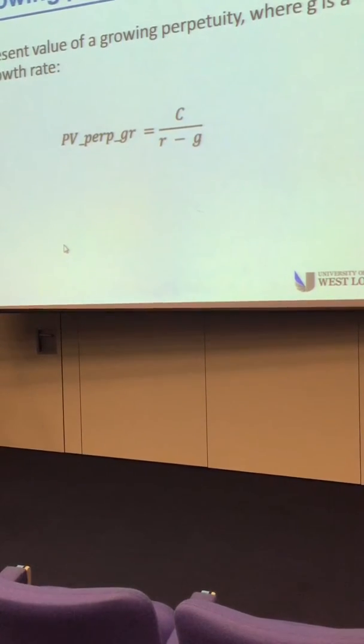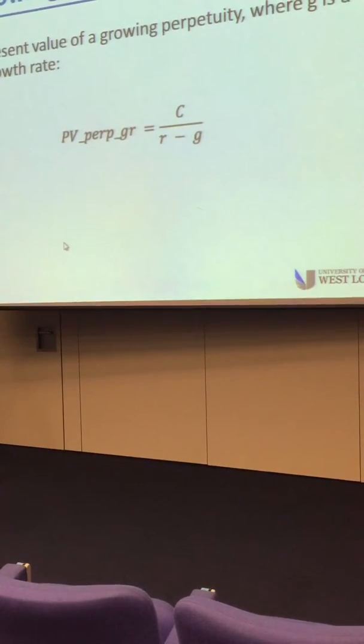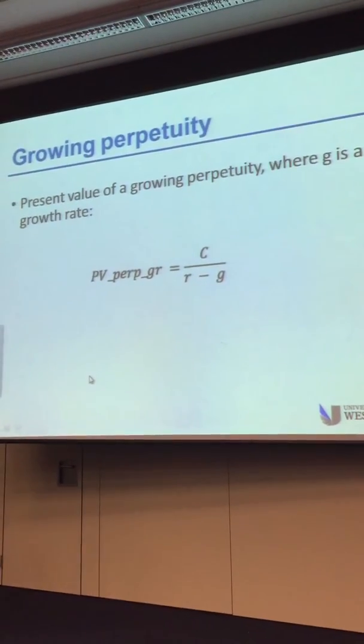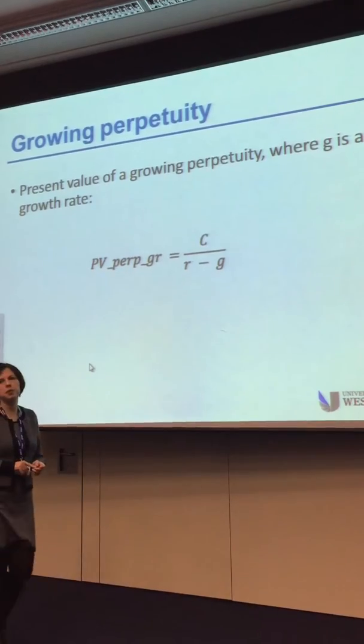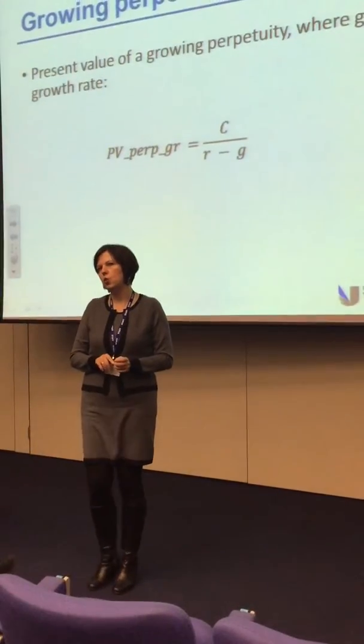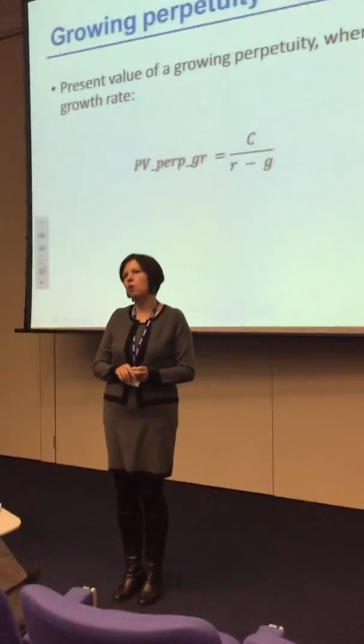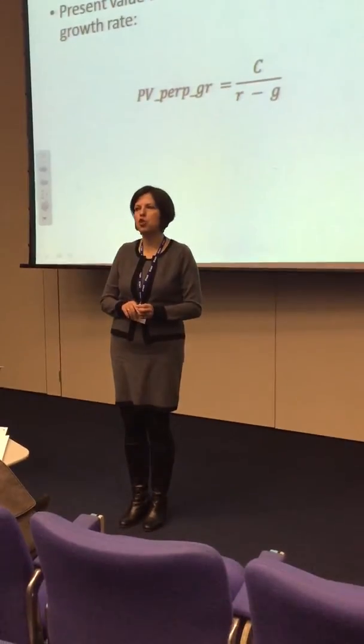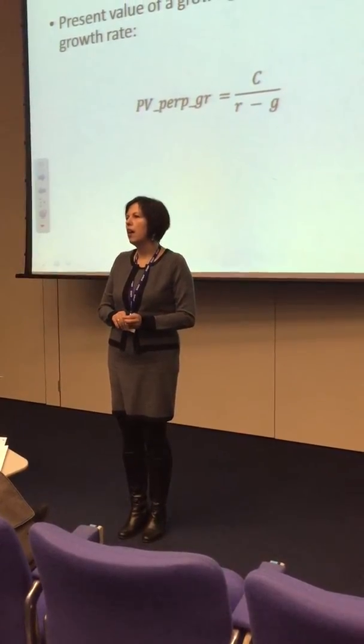Then, as a variation, we can have a growing perpetuity. Dividend is a good example here. Let's say I'm telling you, I'm going to pay you a dividend of £3 per share every year.